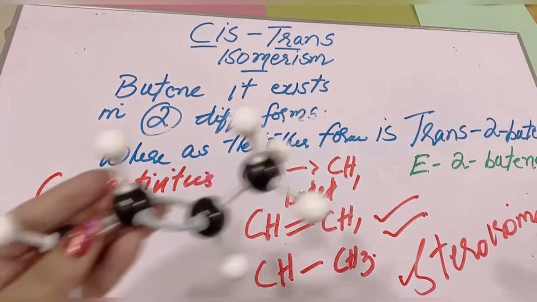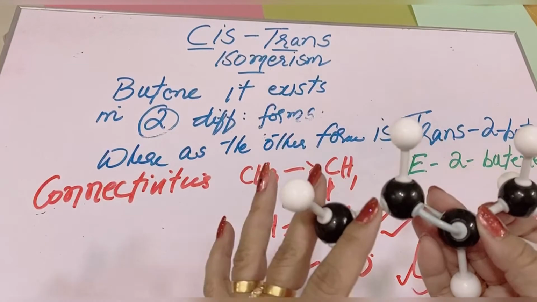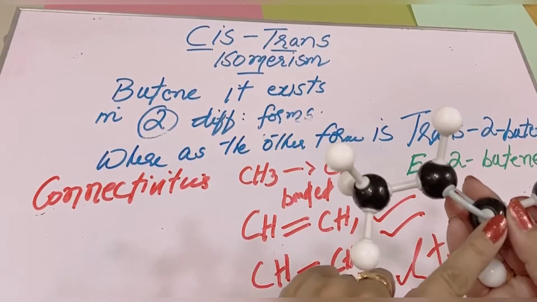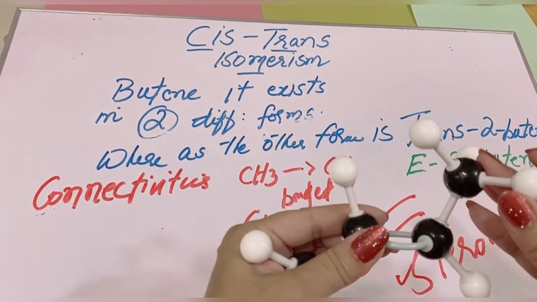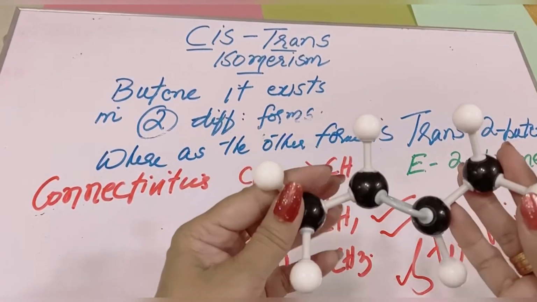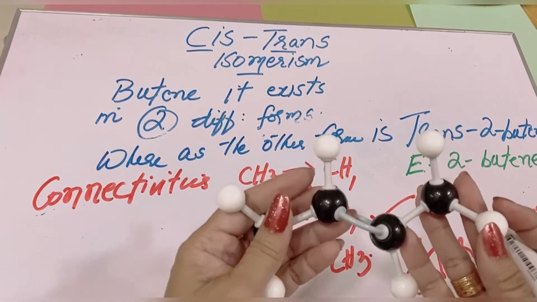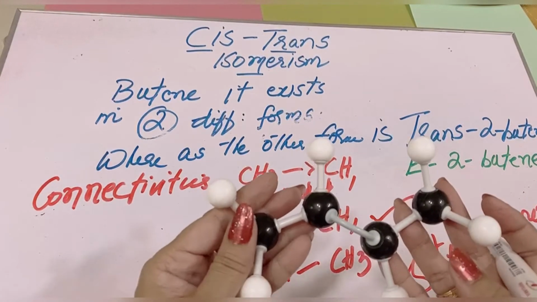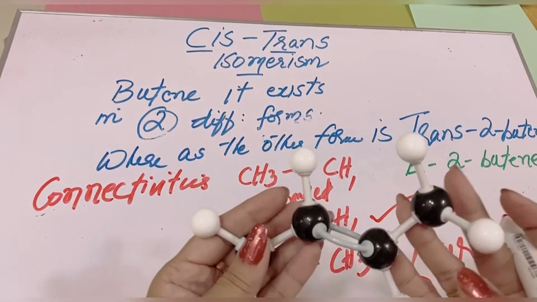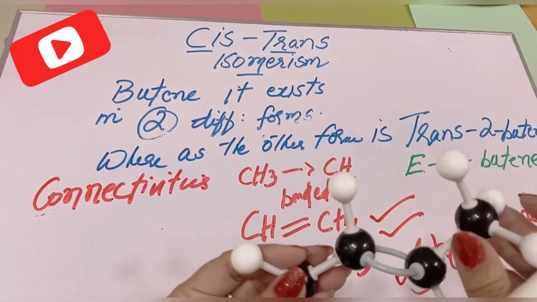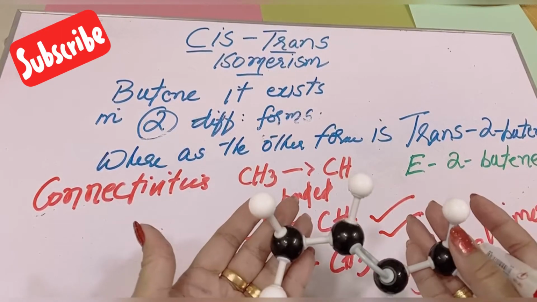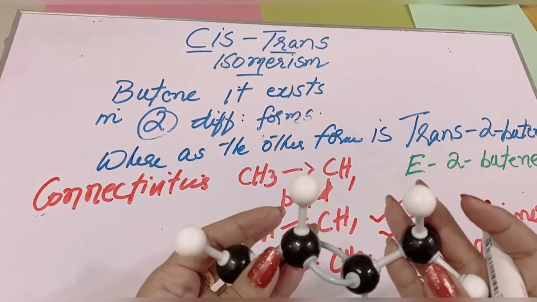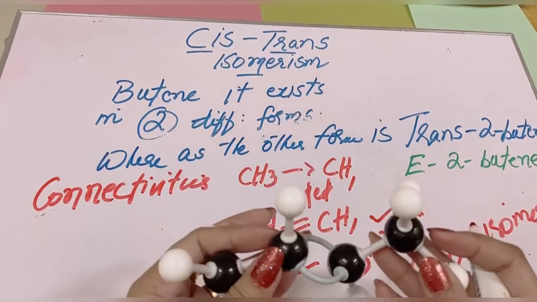So it's all the game of the connectivities, right? Now, as I just mentioned, because of their identical connectivities, the difference lies simply in the spatial way the atoms are arranged, and that's why they are called stereoisomers.